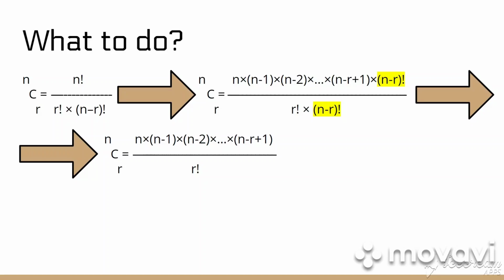But as you can see, we can just simplify it because it doesn't change anything. So we can just get rid of these two terms, and we would just get n multiplied by n minus 1 multiplied and so on until multiplied by n minus r plus 1, divided by r factorial.